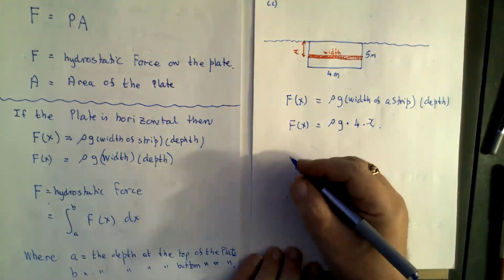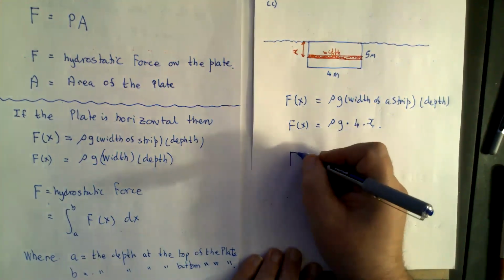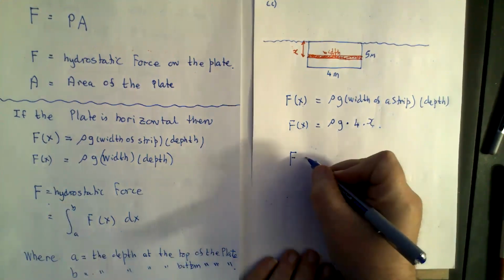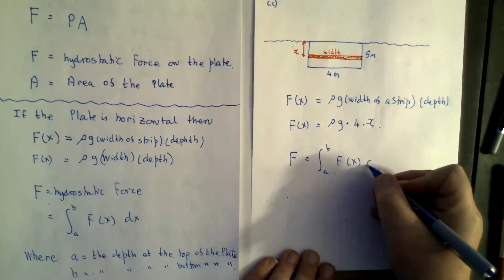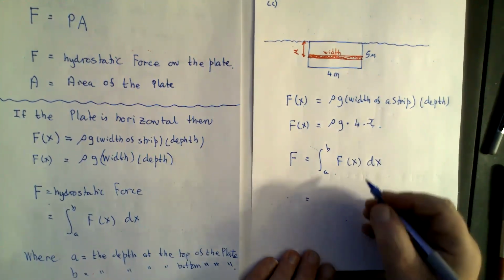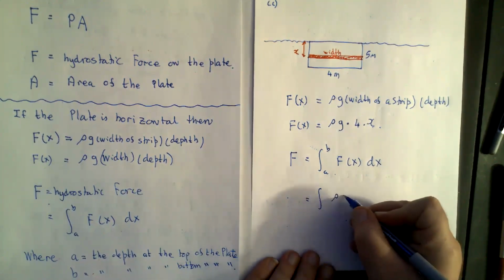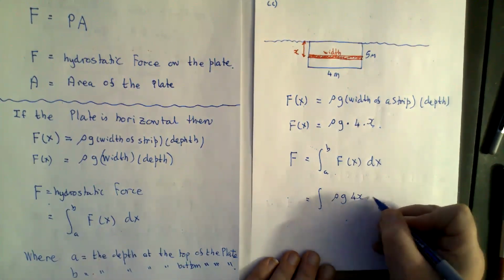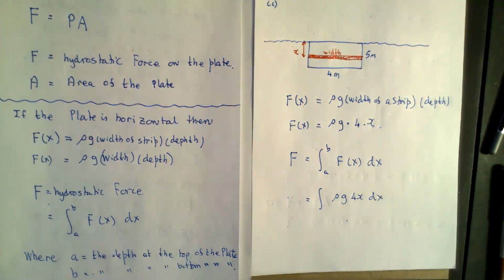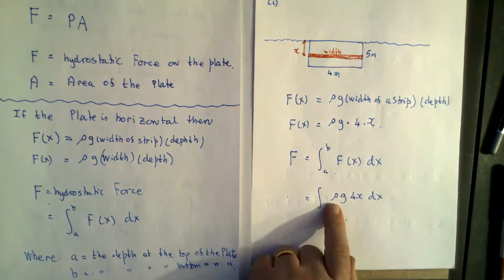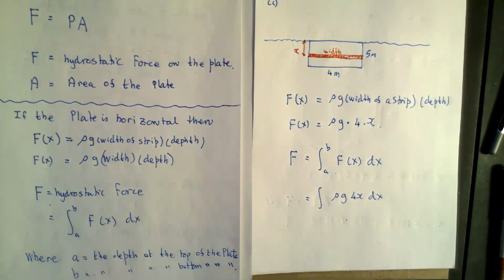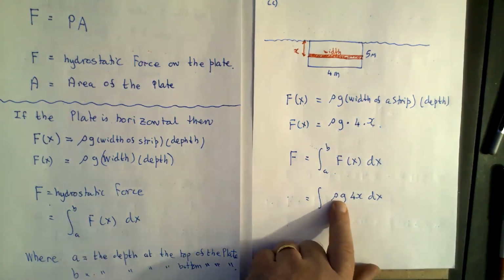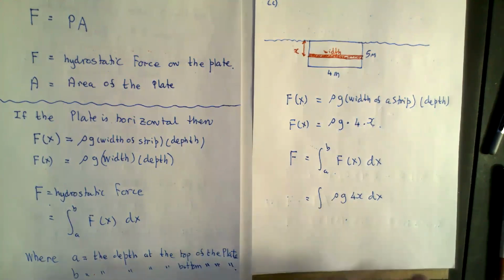And so to get the total force, the hydrostatic force, you integrate from a to b the force function dx. So you're going to integrate rho g 4x dx. Now, rho and g are actually numbers. Rho is the density of the kerosene, which is 820, and gravity is 9.8, but it's just convenient to write them like this because the thing just gets really big with lots of ugly numbers.